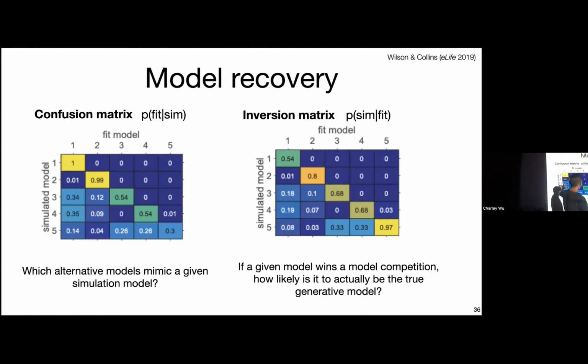So this is why we want to then compute the inversion matrix, which essentially inverts this term here using Bayes' rule. We have the formula in the code notebook. I won't go into too much detail here, but here now the columns will sum to 1. If we find that a specific model was the best fit model in the data, what's the probability it also was the true generating model?